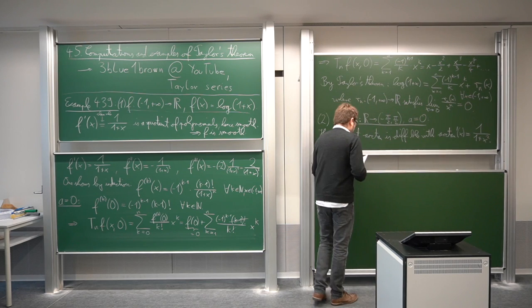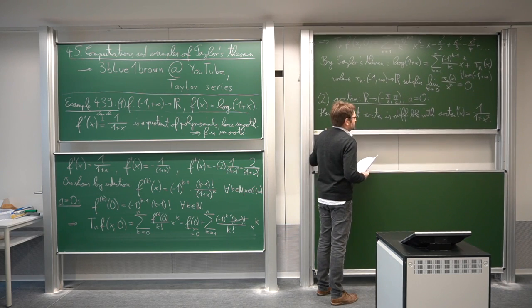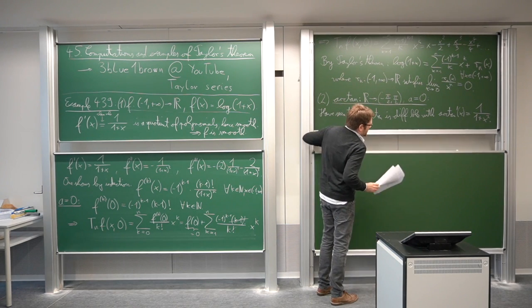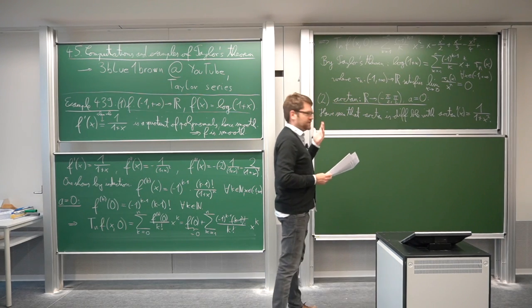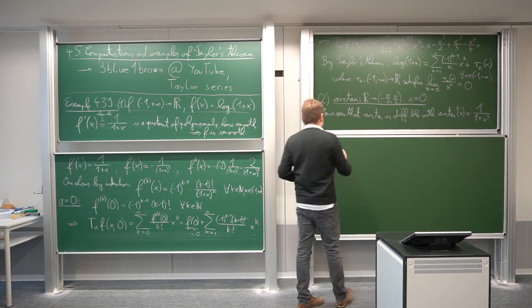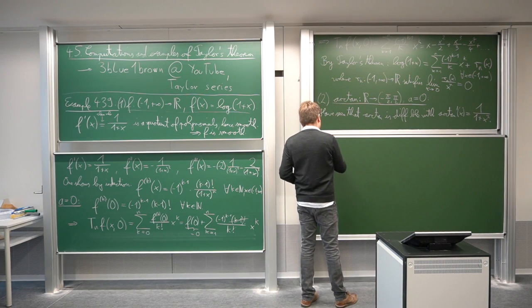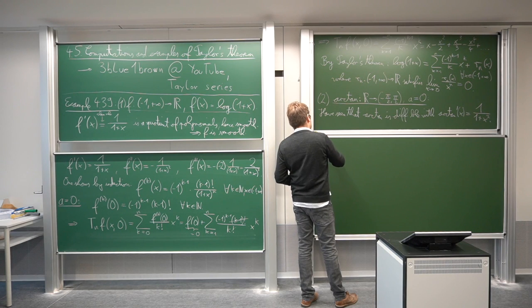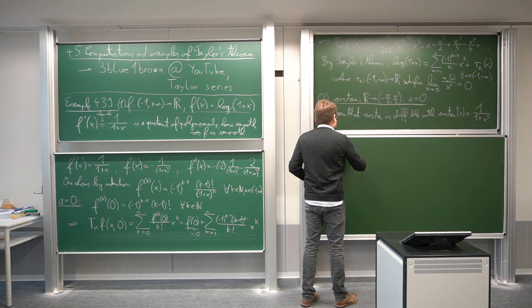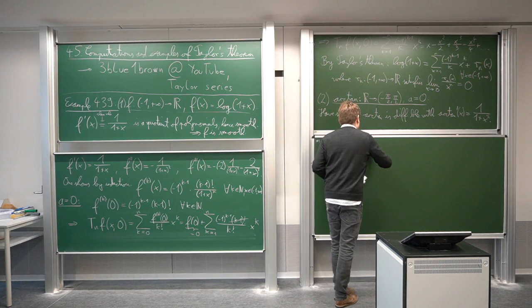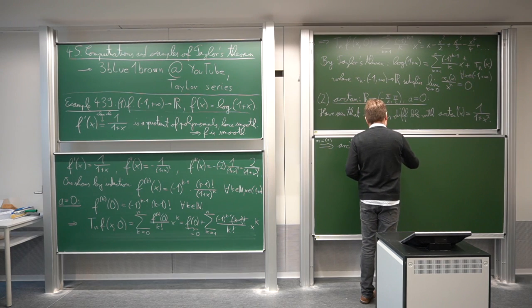Again, this is a quotient of polynomials, and we follow in the same way as we did in the first example. We derived that the arctangent is smooth.